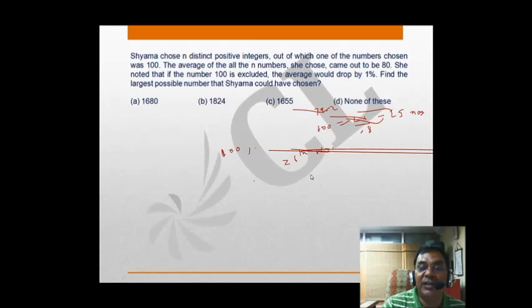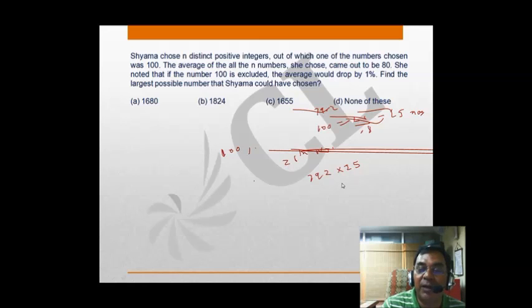Now I'll calculate 79.2 into 25, because that is their average. You must have understood it is contributing 20 extra and giving everyone 0.8, so the number of people it is giving to is 25. So 79.2 into 25.